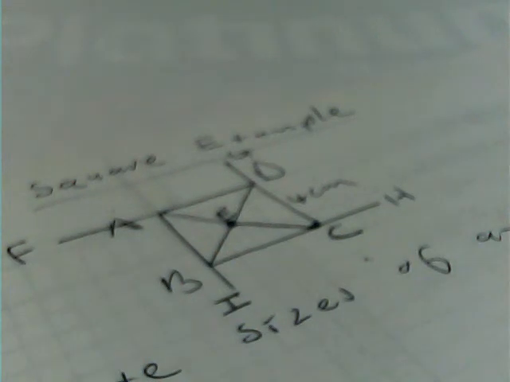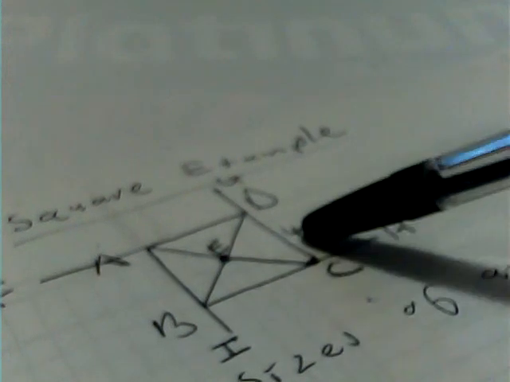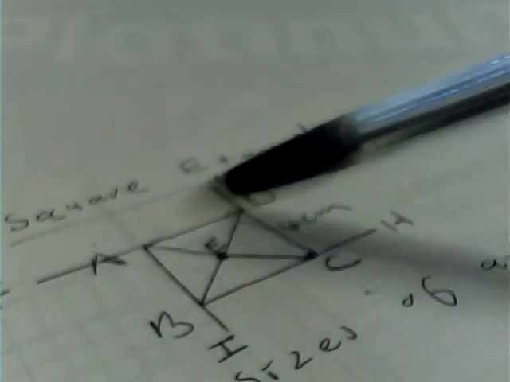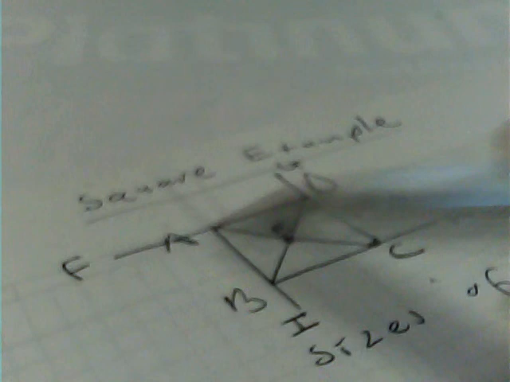Okay, so here's our square example. What we have is a square where each of the sides is 4 centimeters. So we are given square ABCD, and the lines from the vertices meet up at point E in the center. What we also did is we extended line DA to form a line FAD.